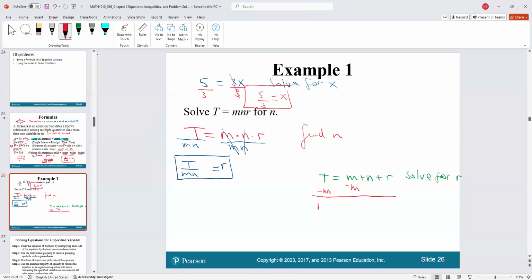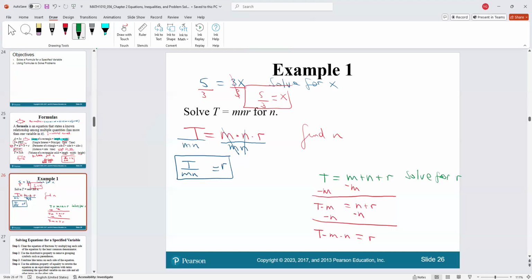So you're going to have T minus M equal N plus R, because we still see there is an N on the same side as R. And when you solve for a letter, you must have the letter all alone on one side. So we subtract N from both sides also. So the final answer would be T minus M minus N equal R.